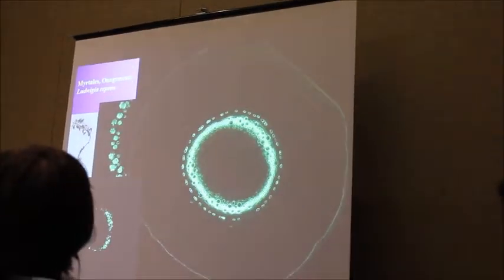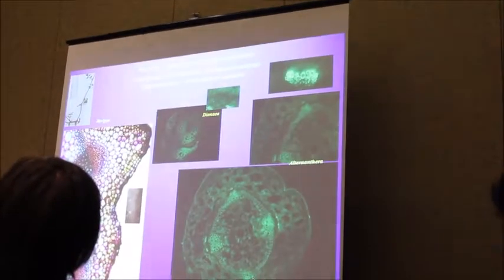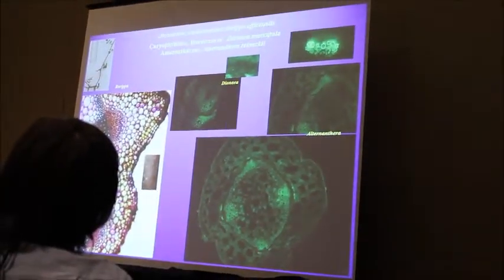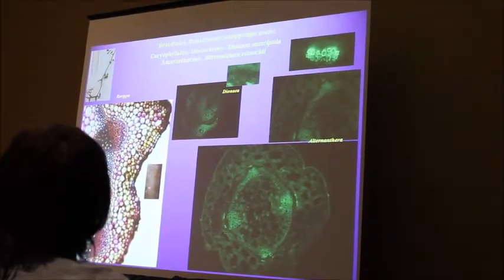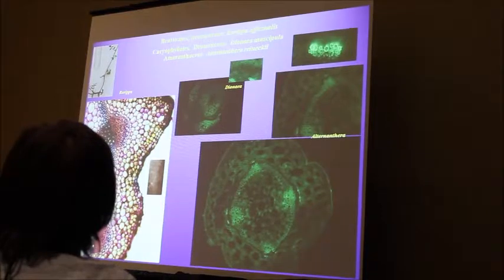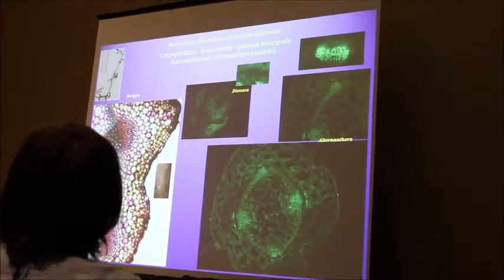In Ludwigia, we have a monostele. In Rorippa, when it grows under wetland conditions, it has an endodermis surrounding all the vascular bundles. In Amaranth with Alternanthera, there's an endodermis.